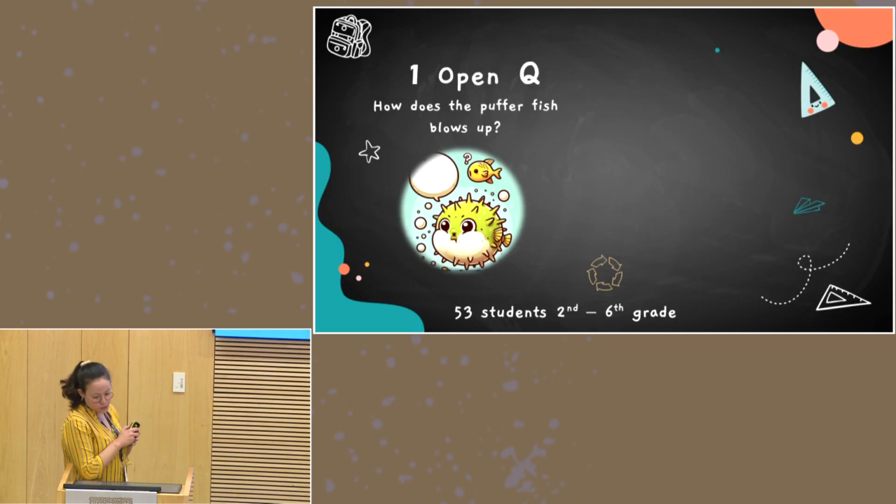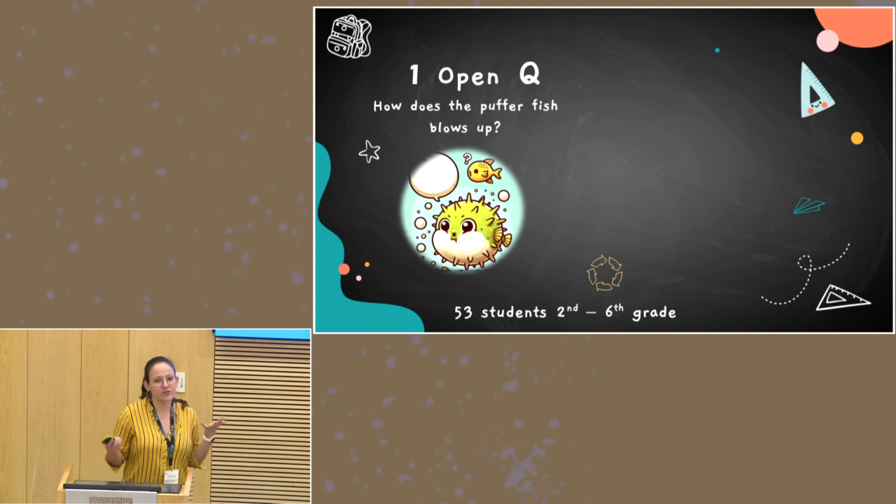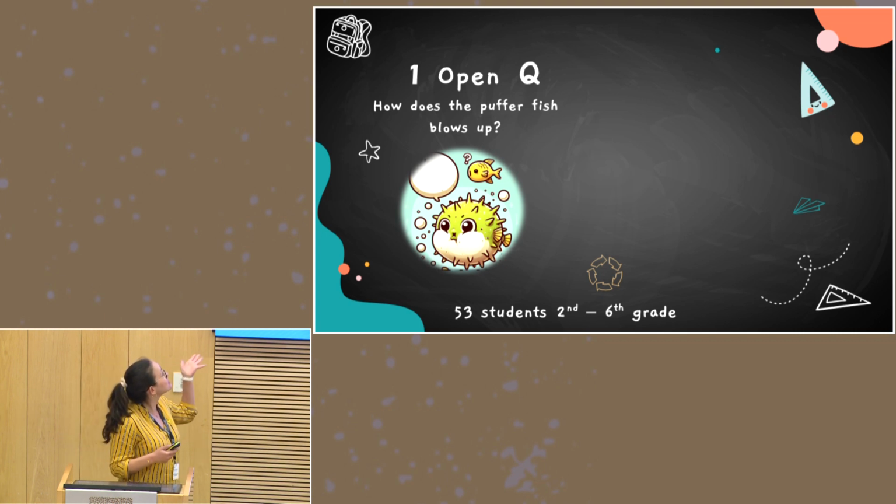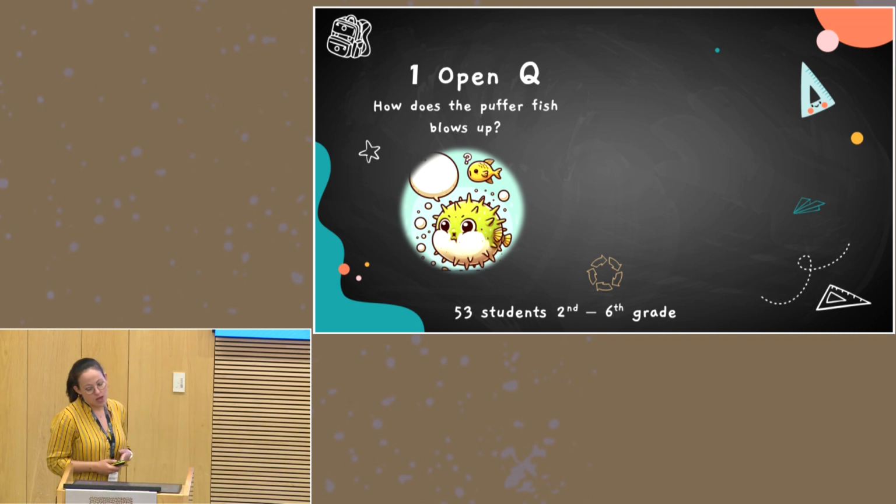So what did we do? To see if children are even able to contrast mechanistic explanations, we first gave them an open question about a biological phenomenon: how does the pufferfish blow up?